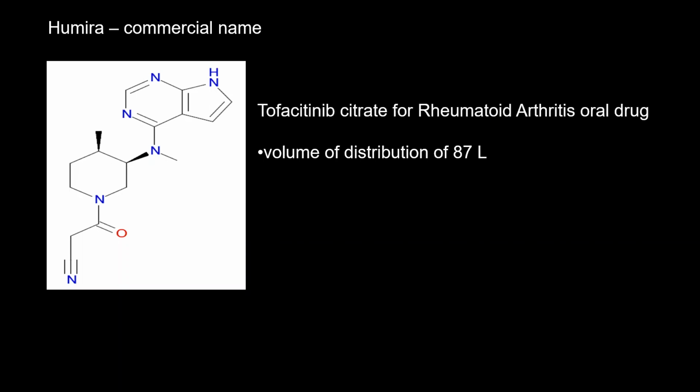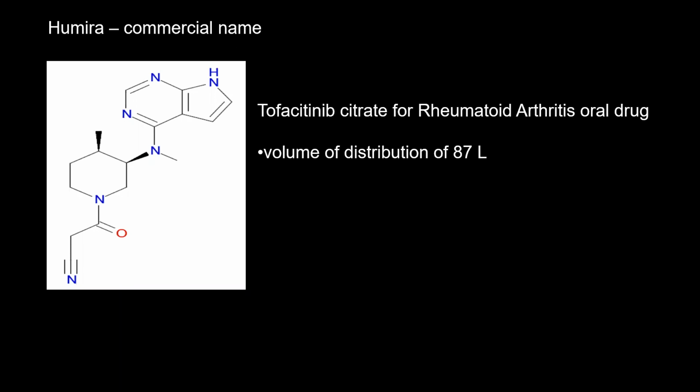This is the volume of distribution, 87 liters. A very interesting point you have to notice: the drug not only gets distributed in the blood, but if it is a hydrophobic molecule, it may even enter the tissues and fats, if it is also a small molecule.